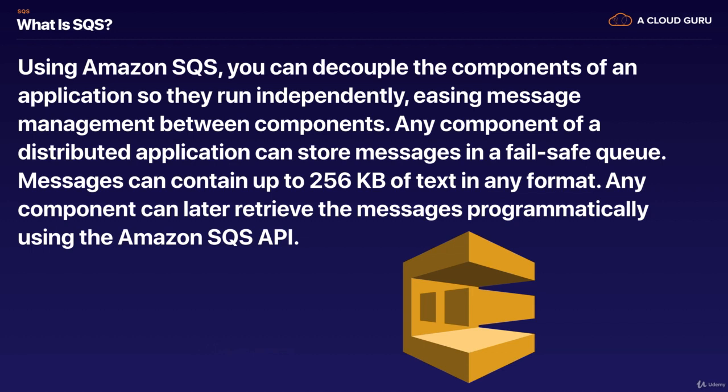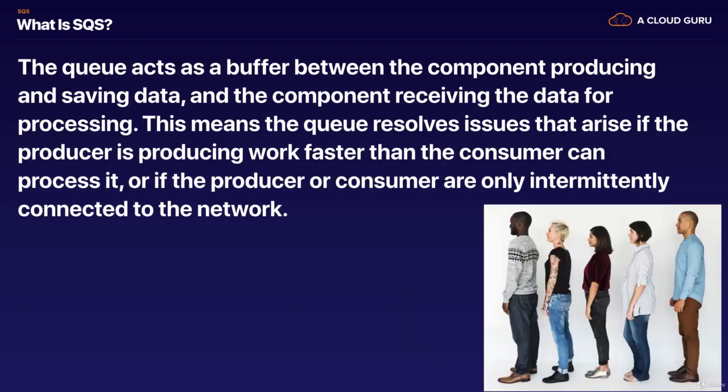This 256 kilobytes of text is contained within the SQS queue itself. If you need to go over that, you can. You can currently go up to, I think, 2 gigabytes in size, and those messages are then stored on S3, but SQS is still able to access that. But most people find 256 kilobytes of text is enough, and that's all stored on SQS.